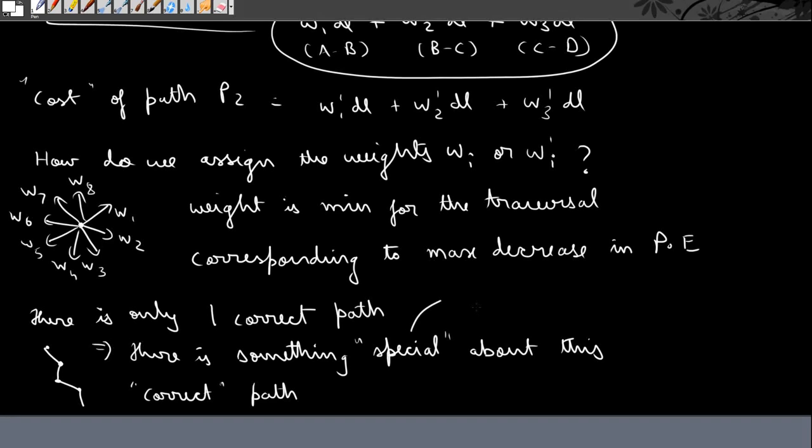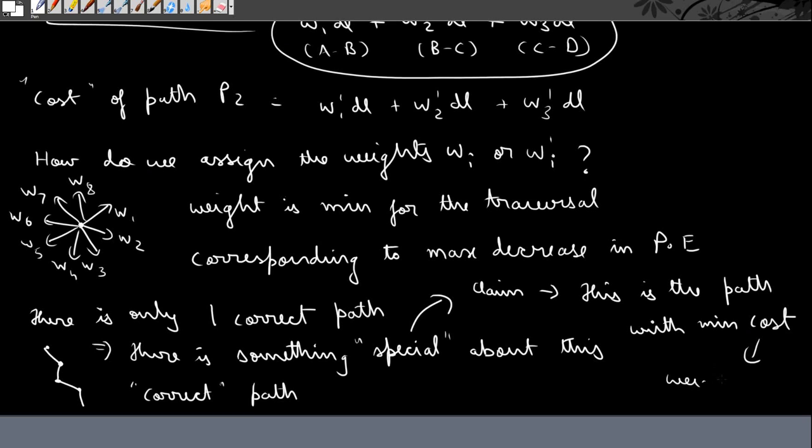And what is the special thing about this correct path? My claim is that this is the path with minimum cost. And by cost, I mean the weighted sum of traversals.